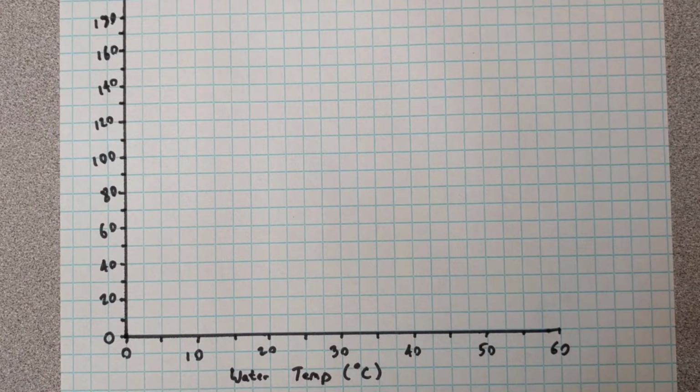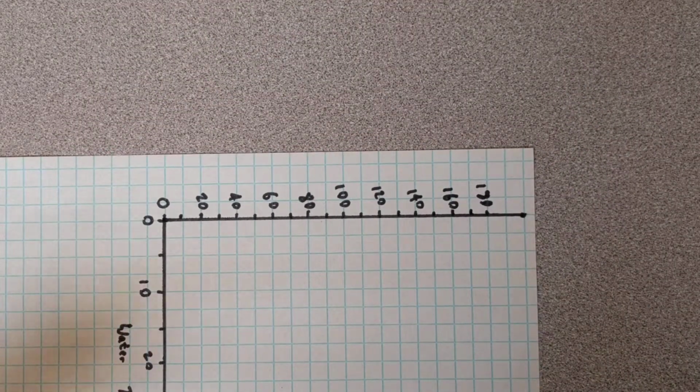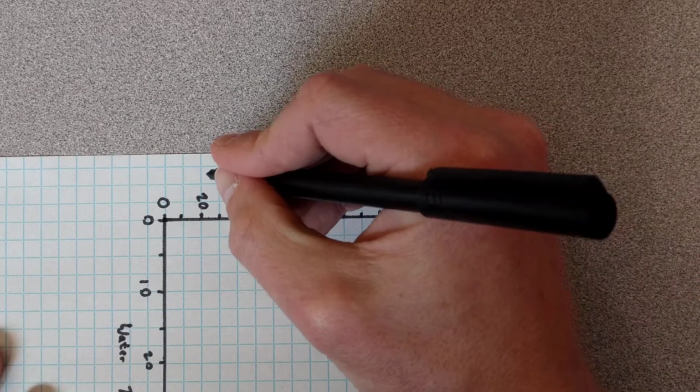Okay, there we go. We need to put a label on our y-axis, so I'm simply going to turn my paper here to make it a little bit easier to put this label on. It's just going to be number of developing clams.